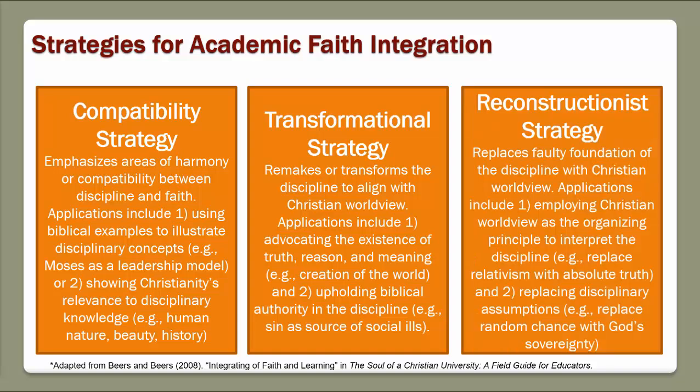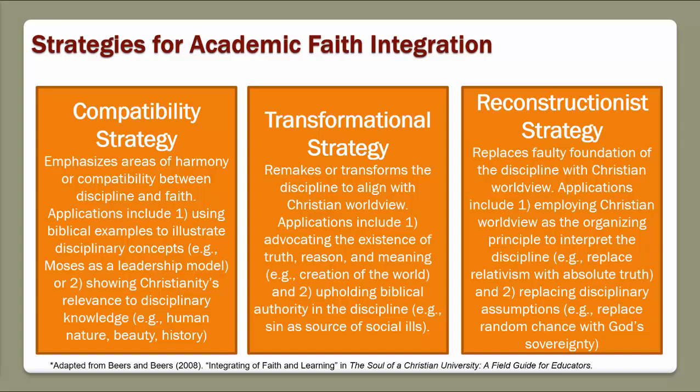The third strategy is what we call the reconstructionist strategy. And this strategy essentially replaces faulty foundations of the discipline with the Christian worldview. Applications include employing the Christian worldview as the organizing principle to interpret the discipline. So there are a lot of theories around relativism and how there are no objective truths.